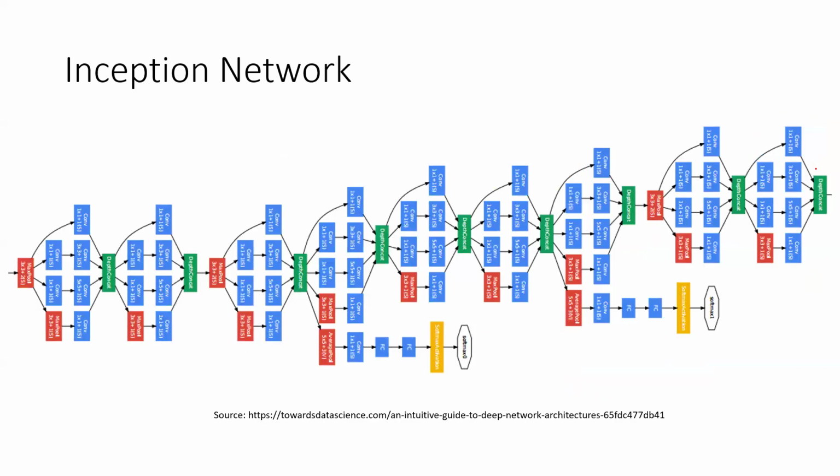So if you look at the complete inception neural network, this is also part of the inception network, because the inception network has hundreds and sometimes thousands of layers, because it can handle that much depth, right?